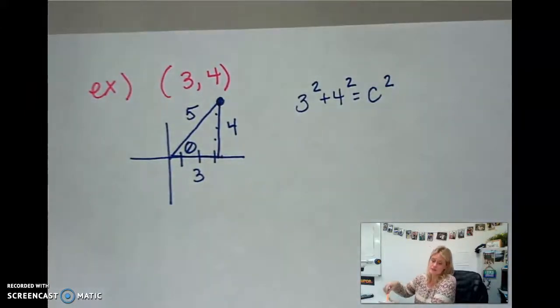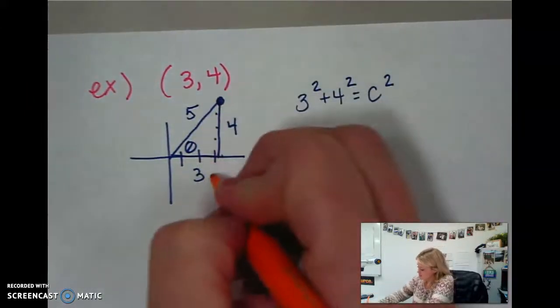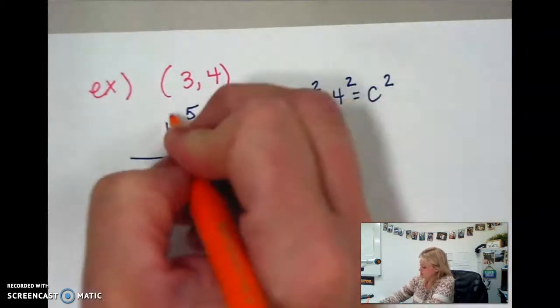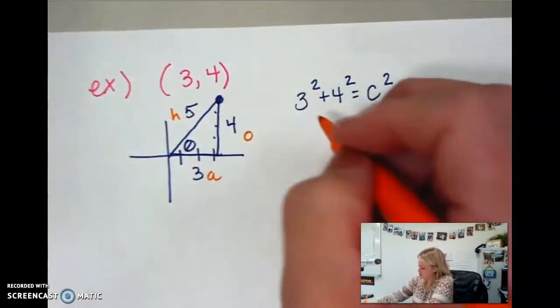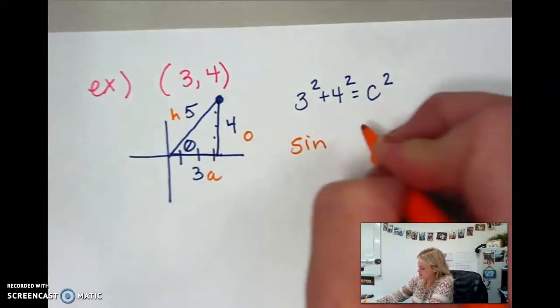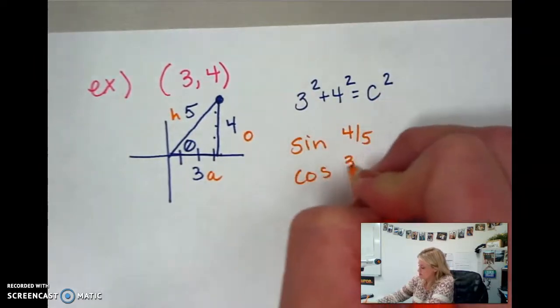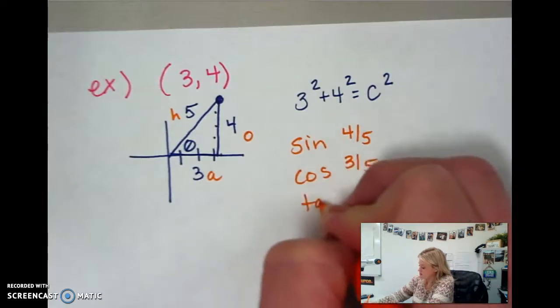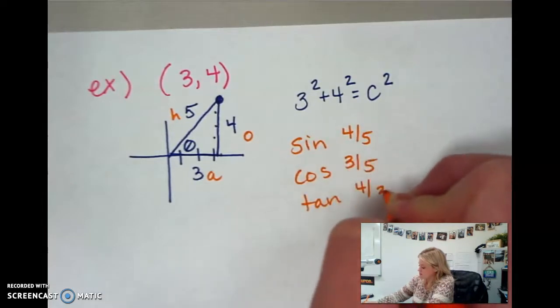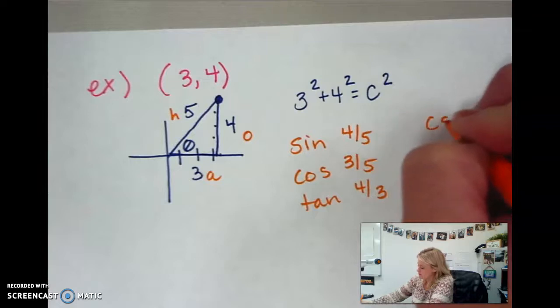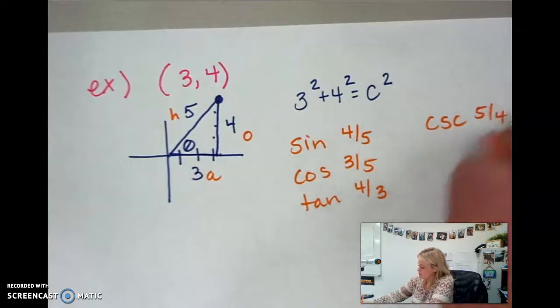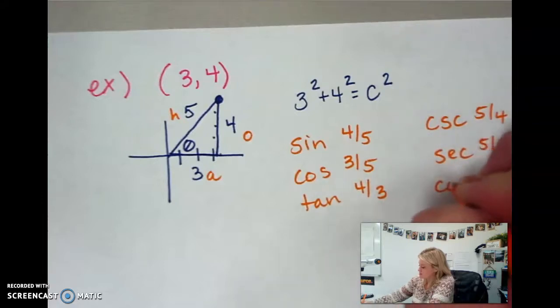Again, if it helps, label the sides. This is your adjacent, this is your opposite, and this is your hypotenuse. So sine is opposite over hypotenuse, cosine is adjacent over hypotenuse, tangent is opposite over adjacent, cosecant is the reciprocal of sine, secant is the reciprocal of cosine, and cotangent is the reciprocal of tangent.